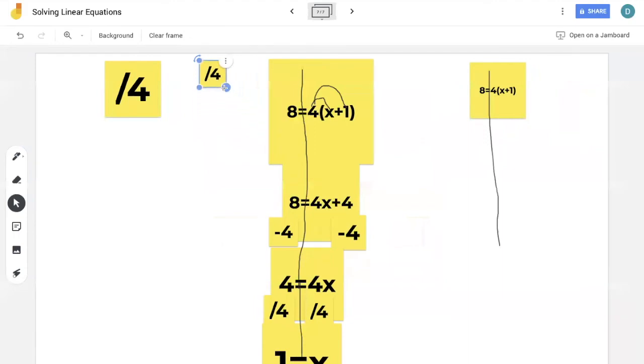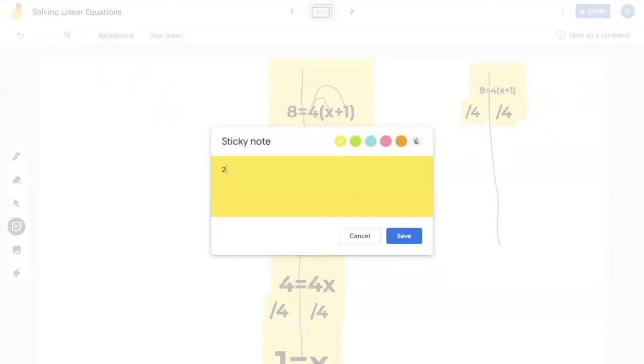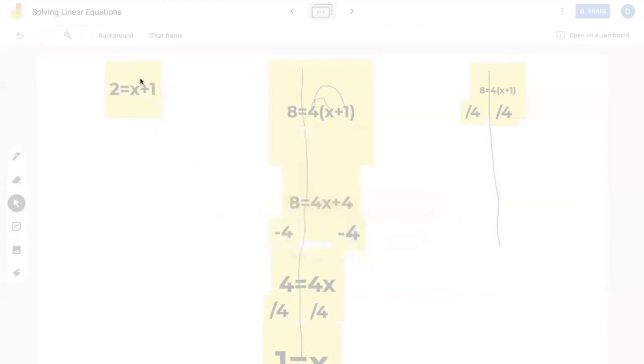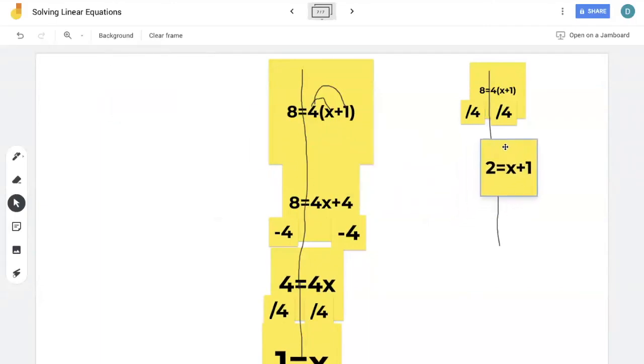So my point I'm trying to make here is there's not one way to solve these every time. You can do this multiple ways. And so that's what we're seeing here. 2 equals x plus 1. That's what's remaining after we divide by 4.